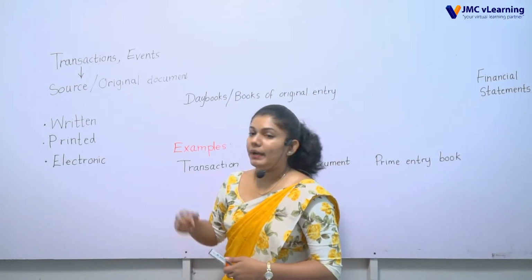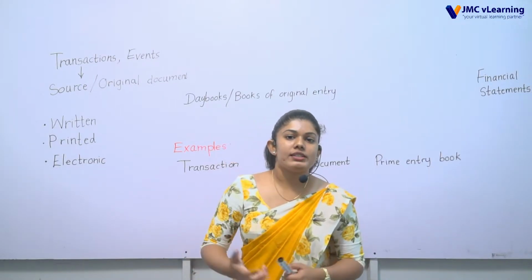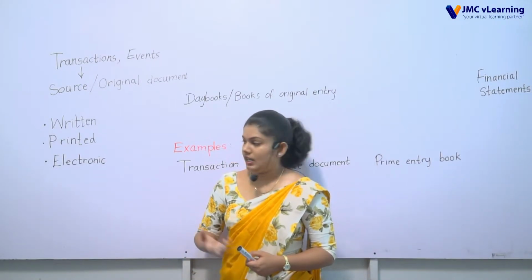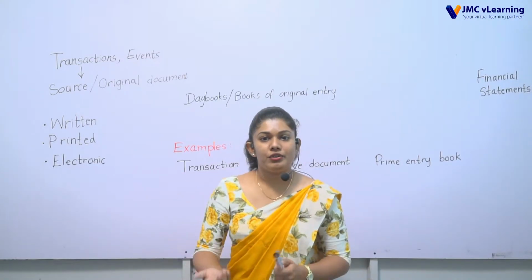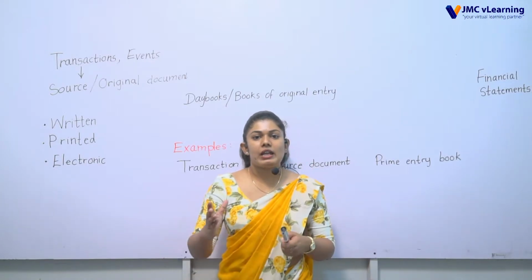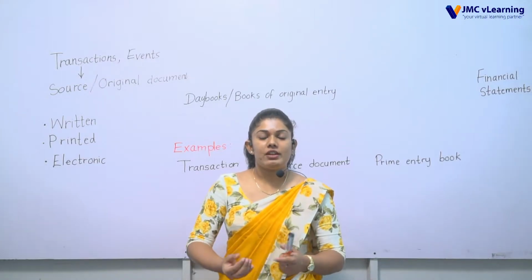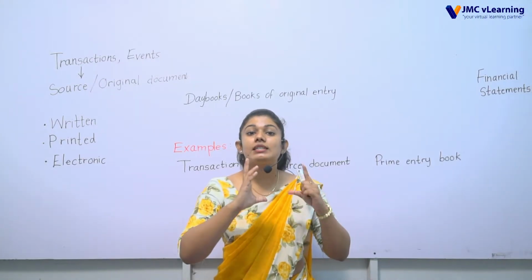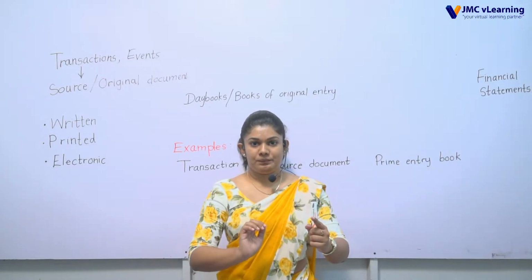The printed ones are in supermarkets, bus tickets, those things. And electronic: when you pay something online, you get an electronic source document. It can be an email, a text message, or anything that can be viewed on a screen other than printing or writing.